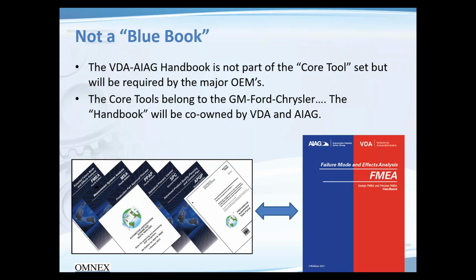So that's one of the changes going forward. I'm not really sure how that's going to impact APQP and the other core tool manuals, but progressively in the future we may see all of these documents transform into the AIAG-VDA Handbook family.